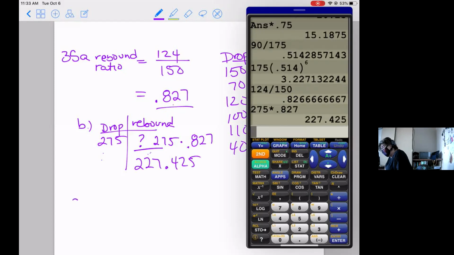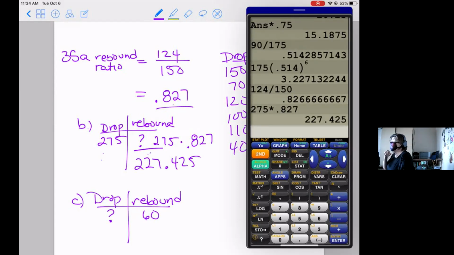Now part C says, what if I know the rebound is 60? How do I find the drop? How do I work backwards? Any ideas? Marissa?